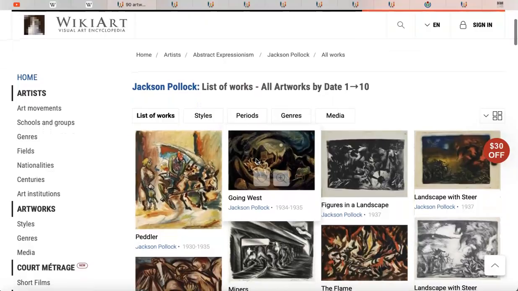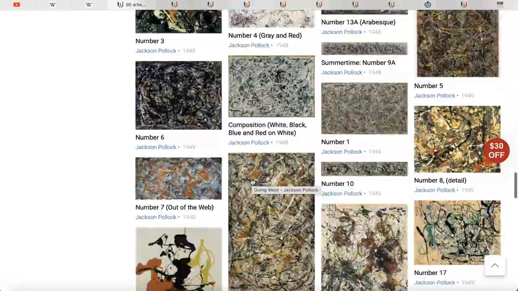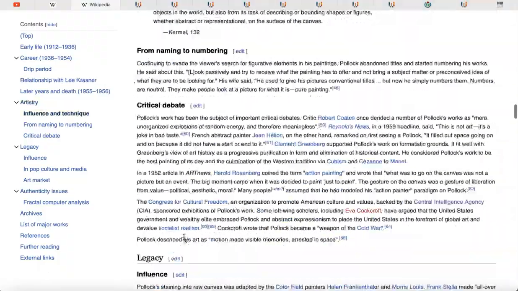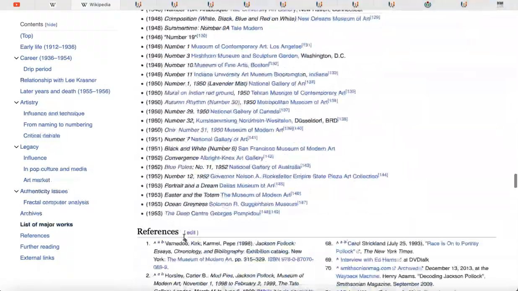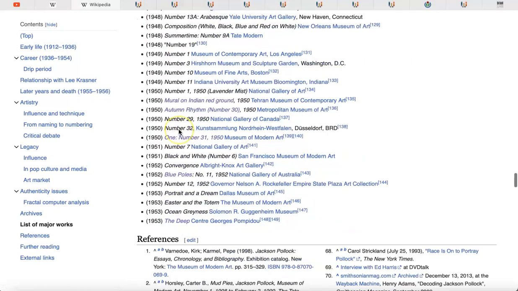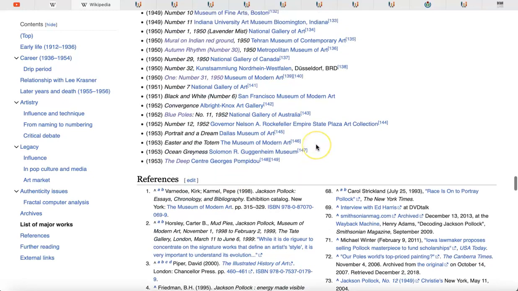Look at this. This is WikiArt, the visual art encyclopedia, and it has 90 of Jackson Pollock's works. On his Wikipedia page, good luck finding links to the works that are listed here. Let me just show you. Look at them. List of major works. They're organized chronologically from 1942 through 1953, a couple of years before his death, I guess.